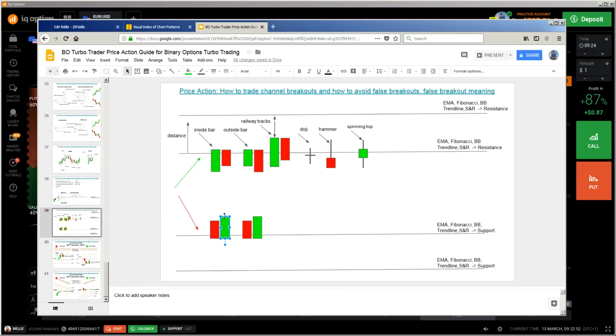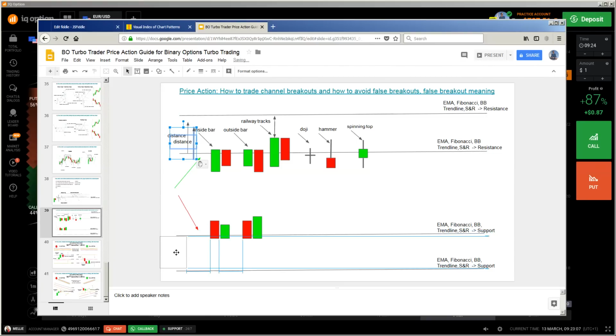And then there is another type of breakout. Let me draw these two things here too, so I can finish it completely. The false breakout which looks a little bit different, I have to show you too, because this is also a tricky one, but it depends only on the distance and how deep the candlesticks penetrate this Fibonacci or EMA.